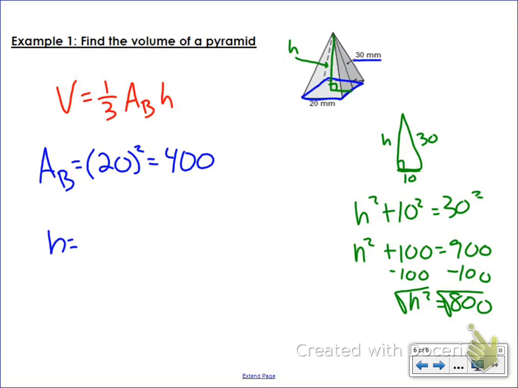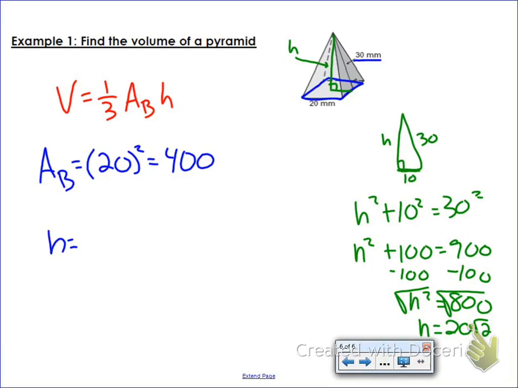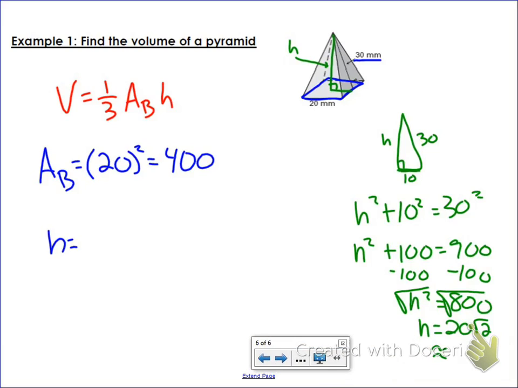Then go ahead and square root, and H in this case is going to equal 20 root 2 if we're doing it exact. This would be approximately 28.28. So if you're asked to find the exact volume, we want to make sure we use 20 root 2. If you're asked to find the approximate volume, then we can use 28.28.